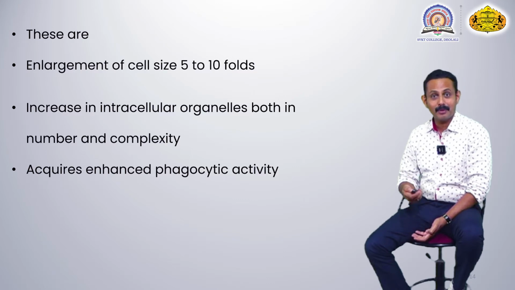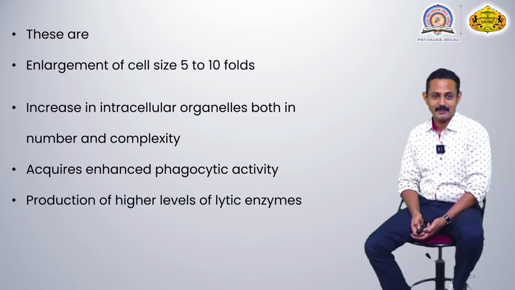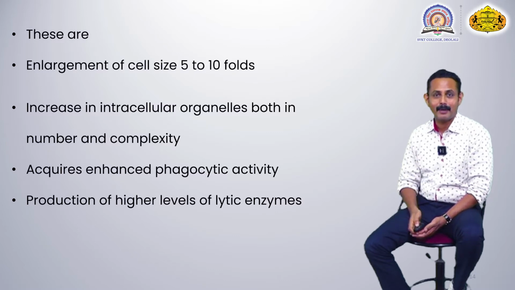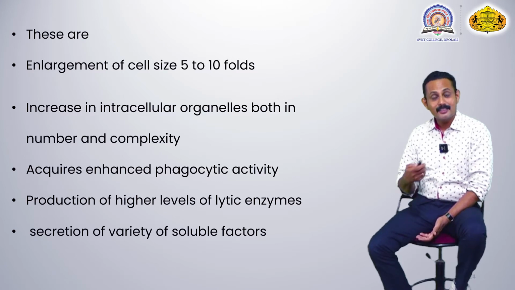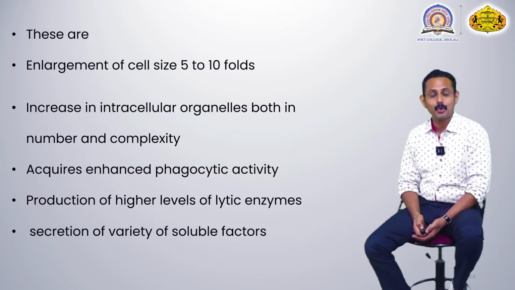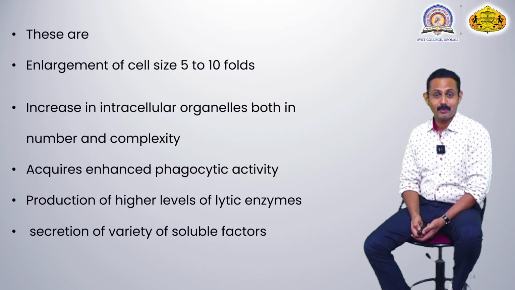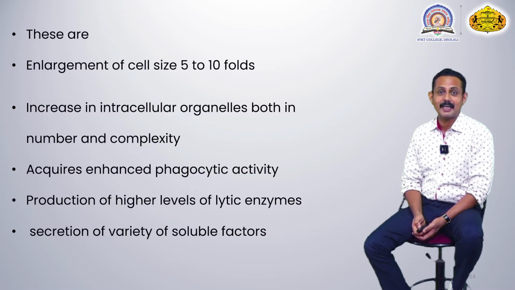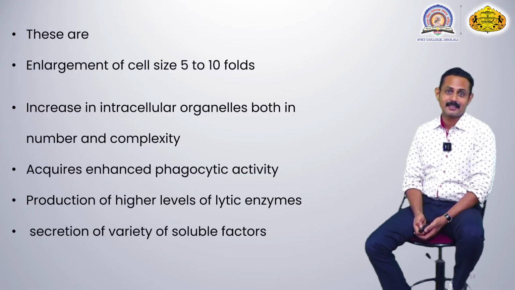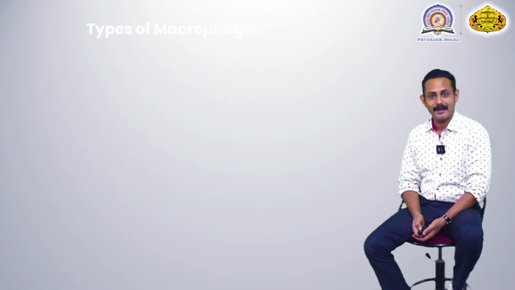They become more potent as compared to the monocyte. In the granular content, more lytic enzymes are produced, and they also secrete different soluble factors, peptidic in nature, which act as a signal for other non-phagocytic cells to get activated and initiate innate as well as acquired immune responses at a very high level.